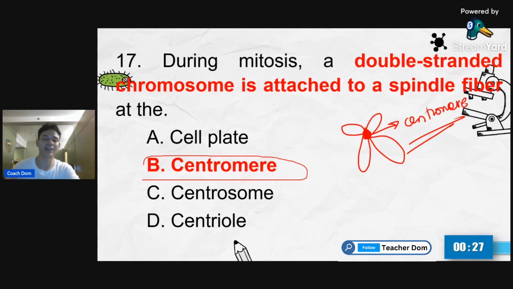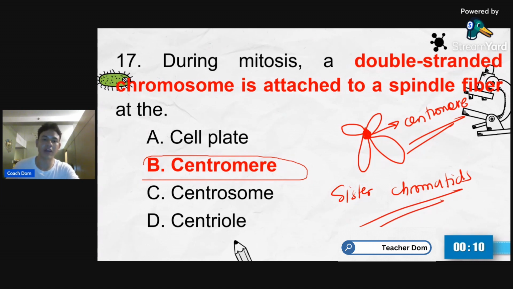Dito po mag-attach yung chromosome po natin to make sister chromatids. Again, double-stranded chromosome is attached to a spindle fiber, and that is what we know as the centromere.